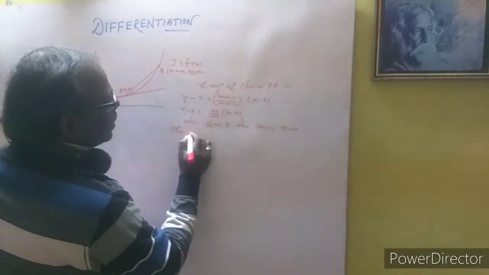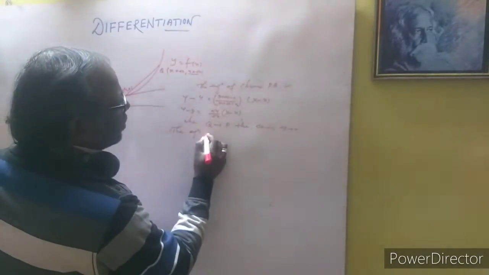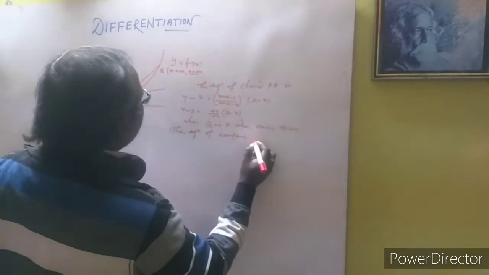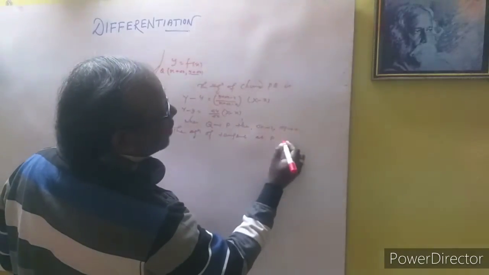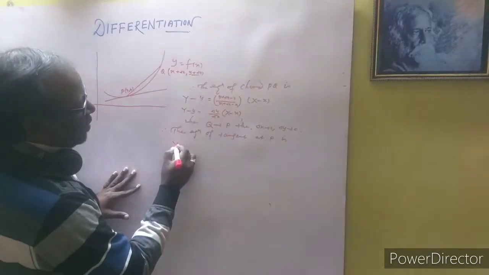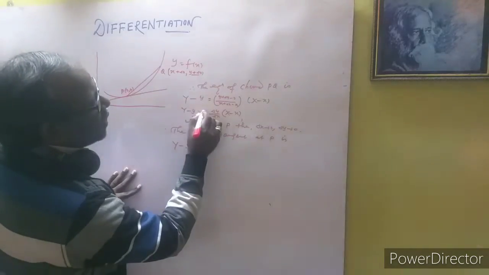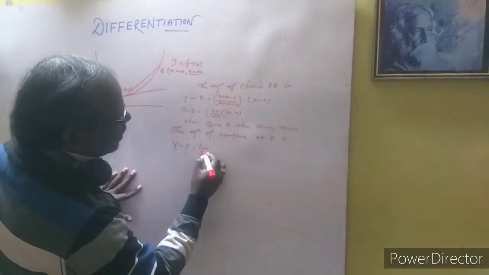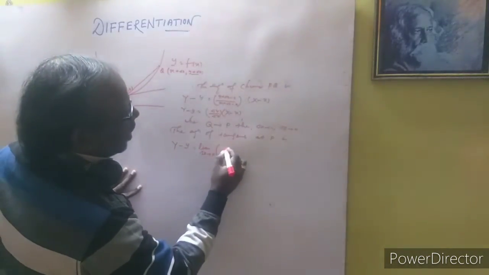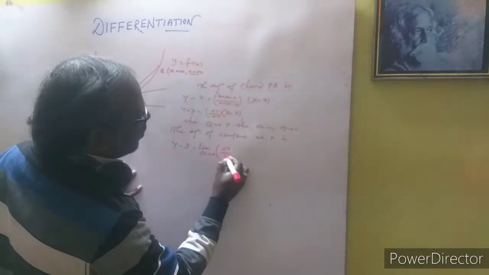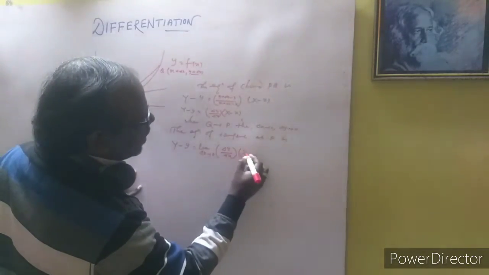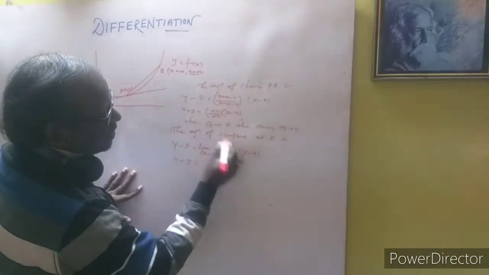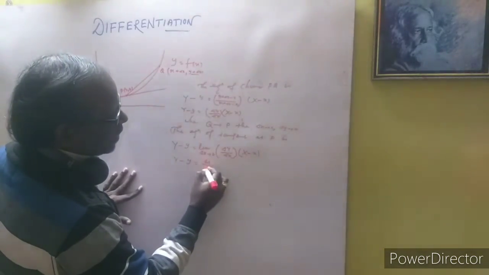Then the equation of the tangent at P is y minus y1, and we can use here a limit, as del x tends to 0, of del y by del x times x minus x1, and this is denoted by dy dx.